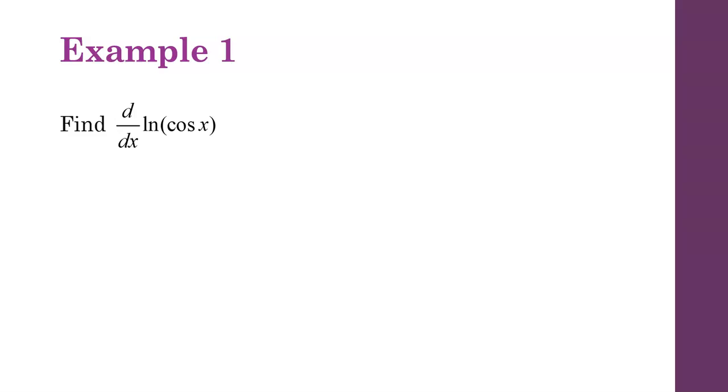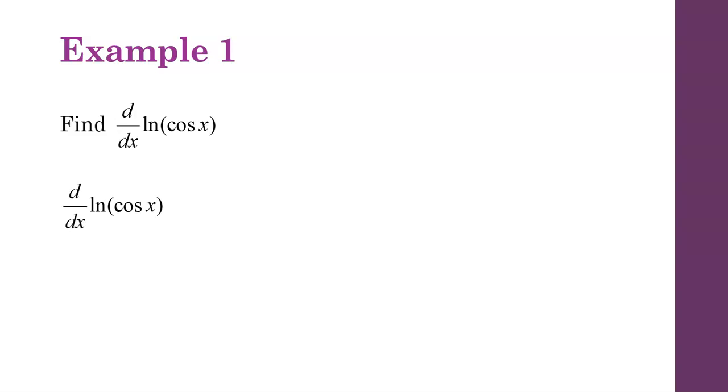Now let's look at an example. In this case, we want to take the derivative of natural log of cosine x. And again, as you hopefully remember, to take a derivative of a function that is a composition of two functions, in this case cosine of x plugged into the natural log, we do need to use the chain rule.